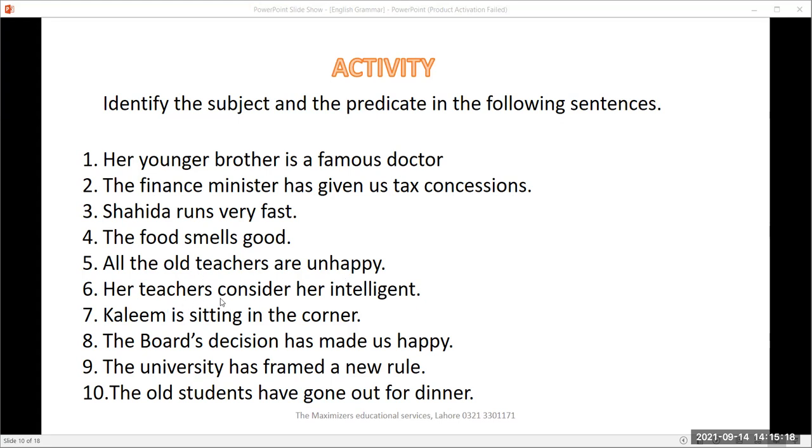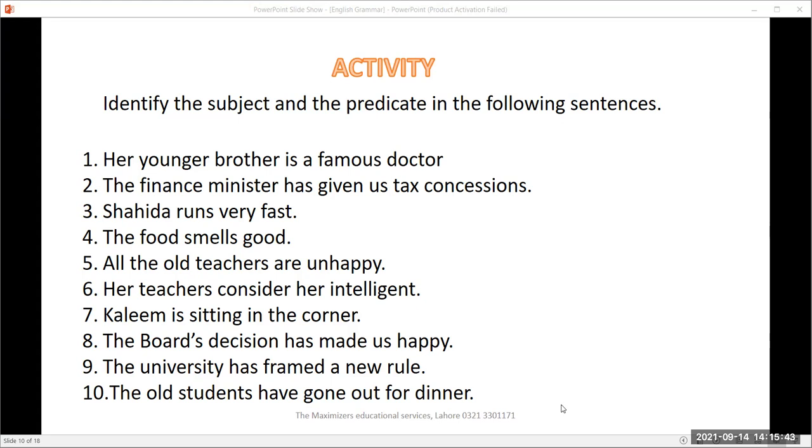Her teachers consider her intelligent. Kaleem is sitting in the corner. The board's decision has made us happy. The university has framed a new rule. The old students have gone out for dinner.